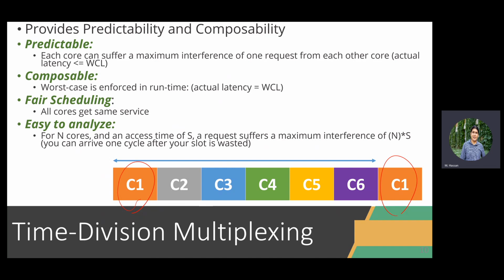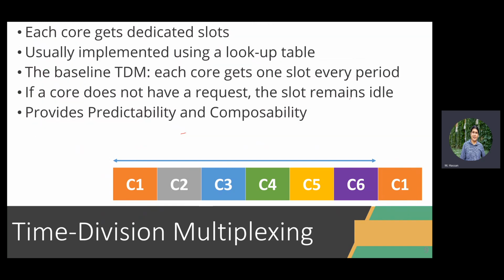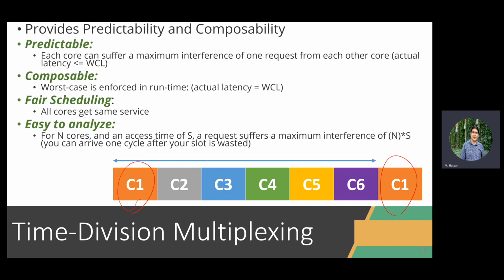And it's very easy to analyze because if I want to derive a general bound for TDM, if I have n cores and the access time for the bus is S cycles, I can very easily say my worst case latency is equal to, well, your friend here was able to derive 60 as the worst case latency. Why is that the case? I told you that the slot width is 10 cycles. I'm suffering 6 slots, so 6 by 10, so 60 cycles, right? What if I have n cores? Well, it's 10 by n, right? If I have 100 cores, it's 10 by 100.